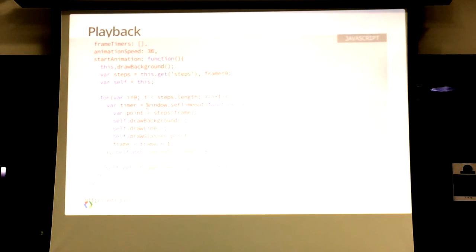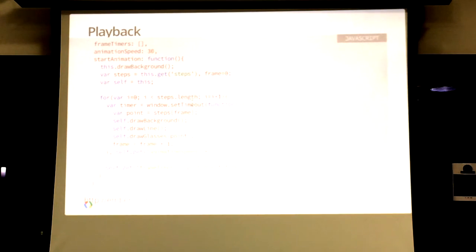So the heavy lifter here is window set timeout. You can tell the web browser, hey, run this function in a bit. And so we're going to do all the work of calculating when it should be running this function.